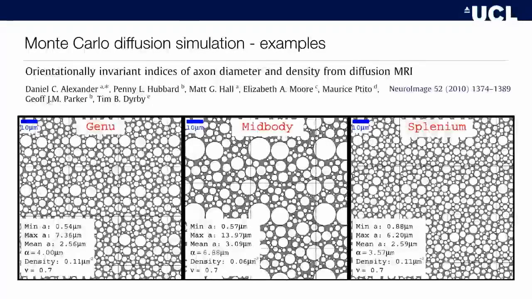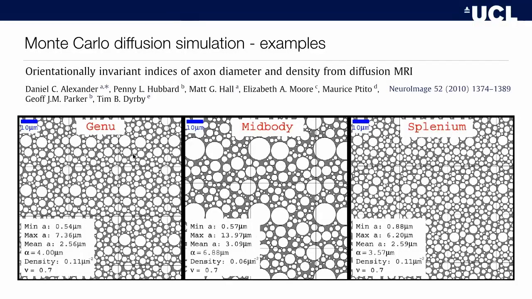So the next example is almost more than 15 years later, which kickstarted some of the model-based approaches that became of interest in the last 5-10 years. And so this is work by Dan Alexander. The Monte Carlo simulation here was used to construct a mimic of different parts of the corpus callosum, from the genu to mid-body to splenium, where biologists have analyzed these sections of the brain tissue and determined the distribution of different axons, from small to large.